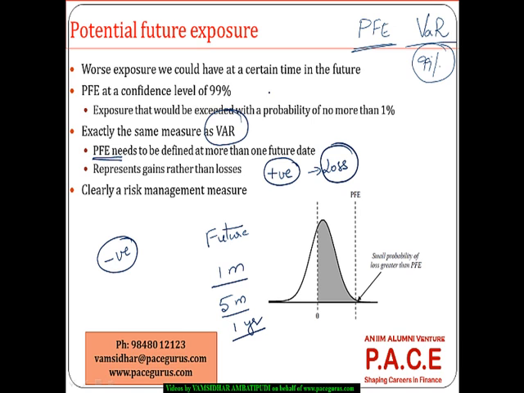My contract's position is positive. That is what goes into potential future exposure. Whereas in VAR computation, I am looking more from the losses perspective. And it's very clear that potential future exposure is purely from a risk management perspective.